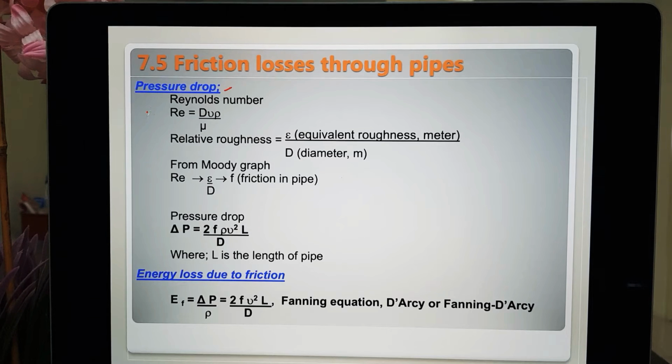There are steps for you to calculate the pressure drop. The first step is you need to calculate the Reynolds value. Then the second step, you need to calculate the relative roughness. For relative roughness, this particular epsilon, the value is from the graph, depending on the type of the material.